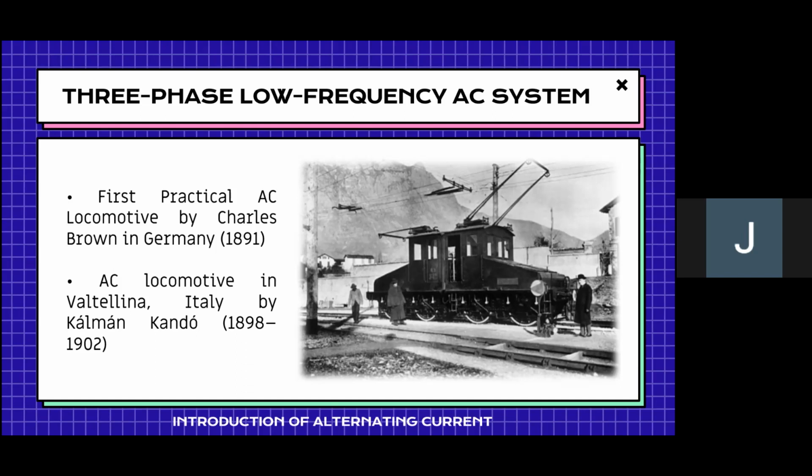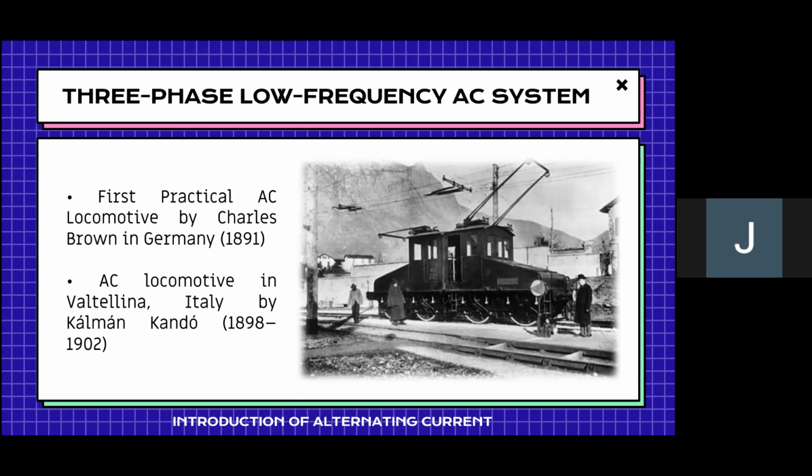At dahil nakita nila na successful nga itong nagawa nilang AC locomotive, inadapt sa North region ng Italy yung AC traction system na to. Tapos tinawag na itong Italian system.